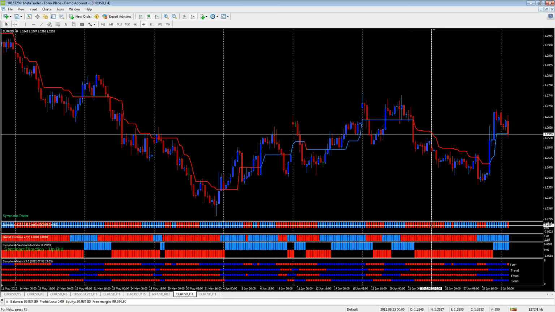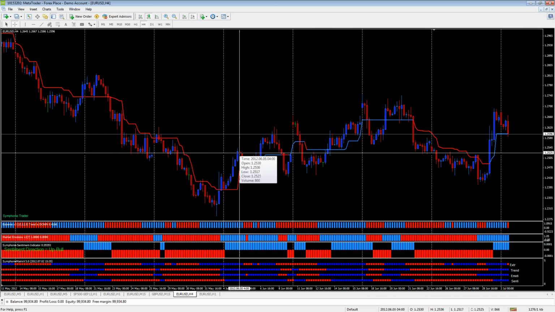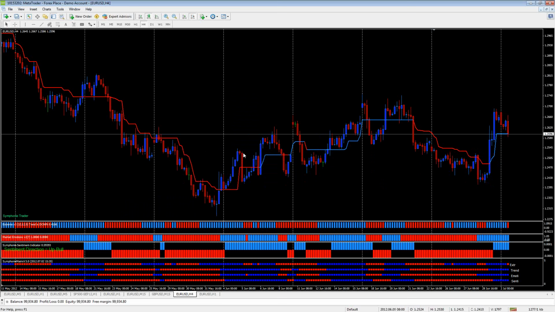Usually it's the fastest, and just like we mentioned before, it shows us extreme points. So for example, here it changed, here it changed maybe a little bit too late, but that's the 4-hour chart.